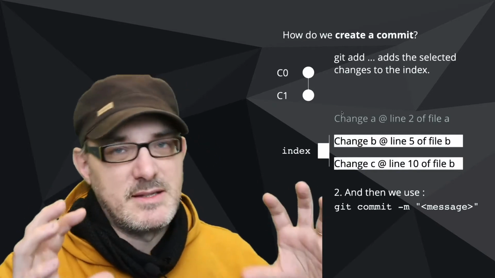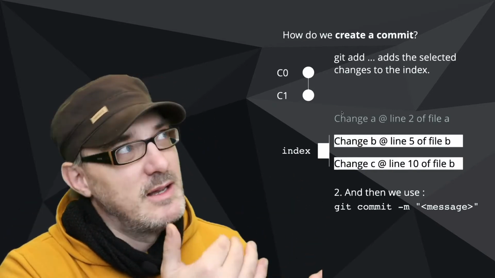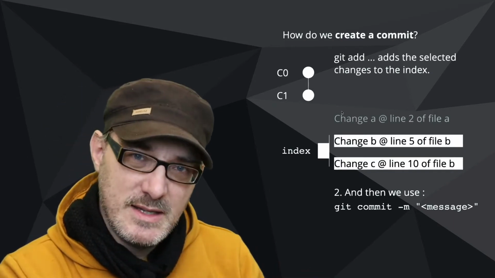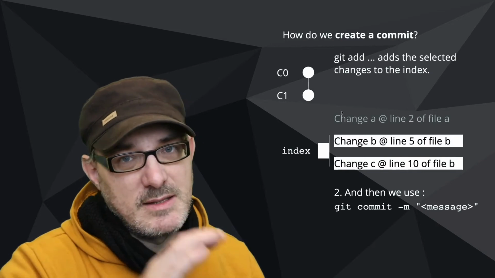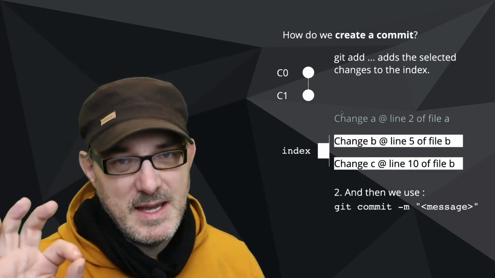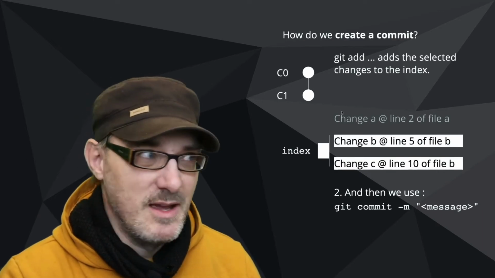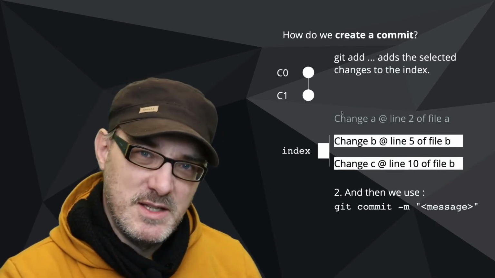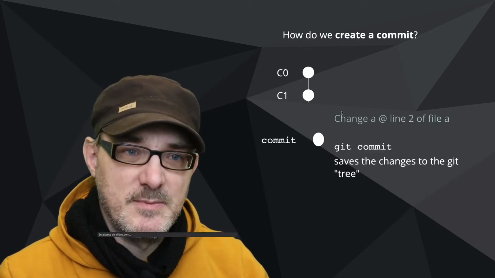Now, once these changes are recorded in the index, the changes that need to be saved to a commit, we use git commit -m with the message between quotes. The message is intended to convey what the intention of the changes is, what we're trying to do by these changes.